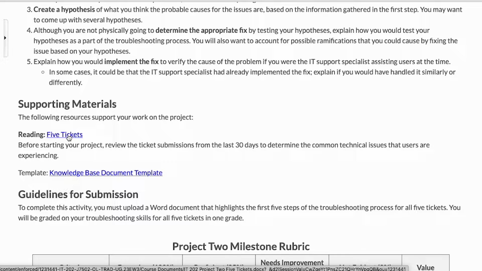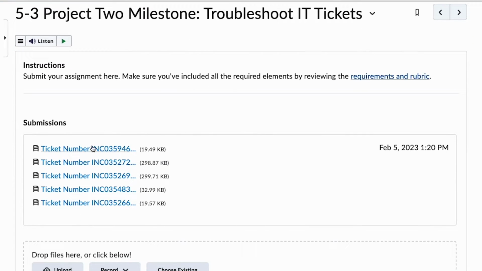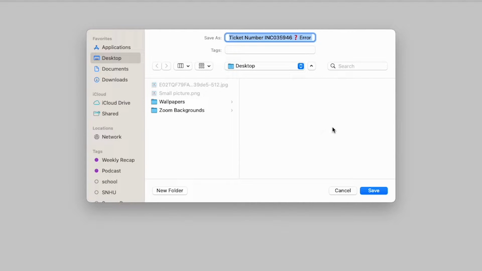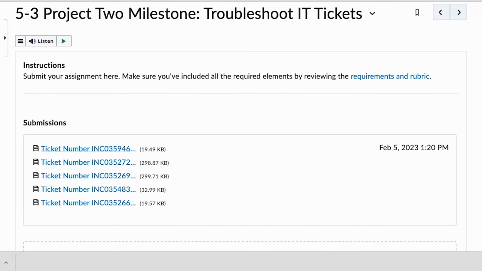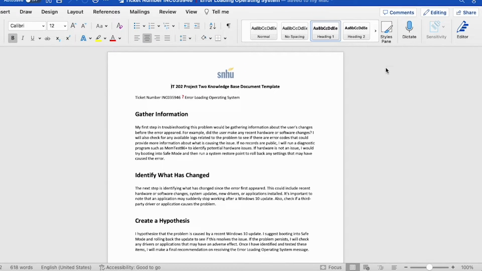Once you open that ticket number, I can go to one of mine to give you an idea of how I did mine, and I'll bring it over here so you can see it. What I did was really just take the information, because otherwise this would have been a very long paper, and I felt, for the sake of the paper itself, I wasn't going to do that to the teacher.